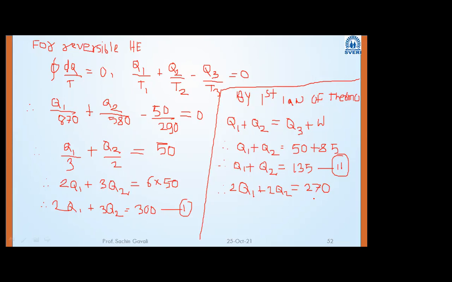Now subtract it from equation 1. Therefore this will be minus, this will be minus. So here it will be 3Q2 minus 2Q2 is equal to 30. Therefore Q2 is equal to 30 kilowatt.